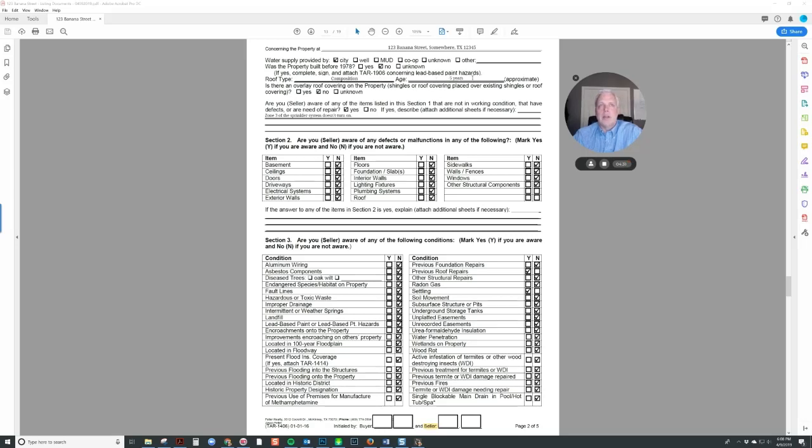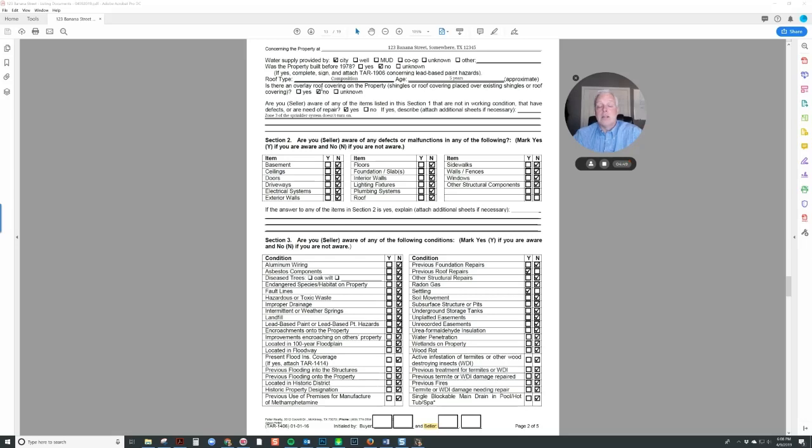It could be a month, it could be 20 years. Then it's asking you whether it's an overlay. So what that means is when that roof was put on, was there another roof on the house already that did not get removed?